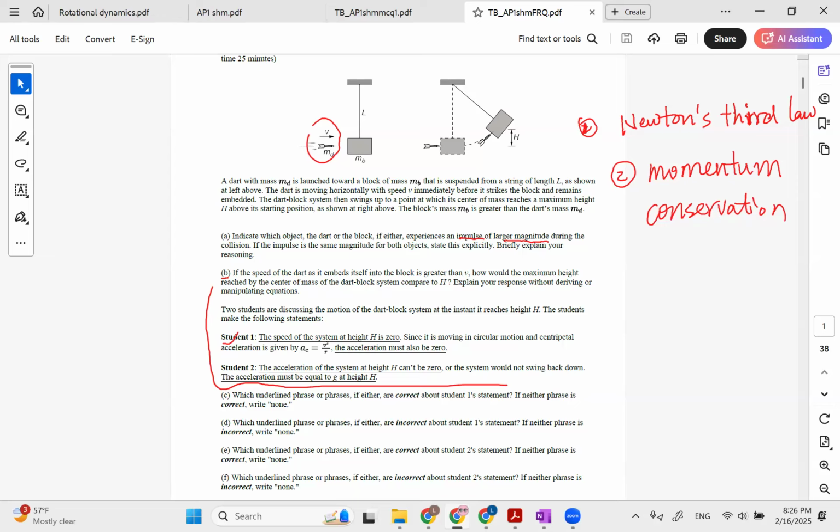So v then is 0. That's correct. Okay. And then when it says the acceleration must also be 0, that's incorrect, right? That's incorrect. Okay. Thank you.